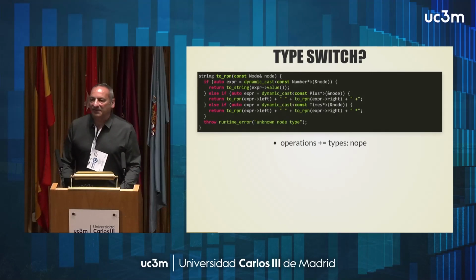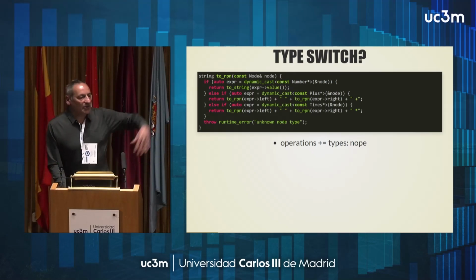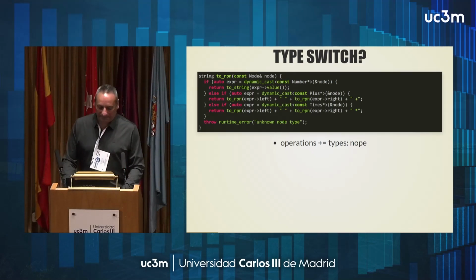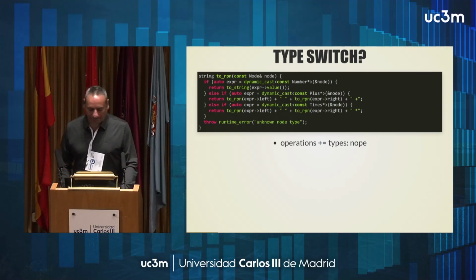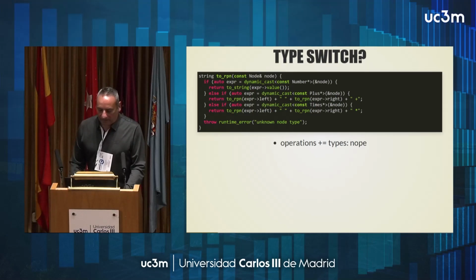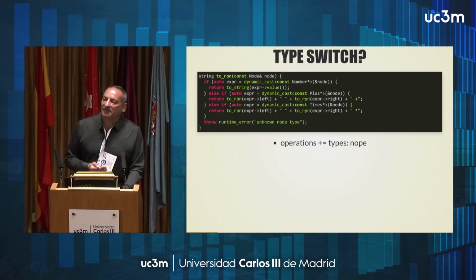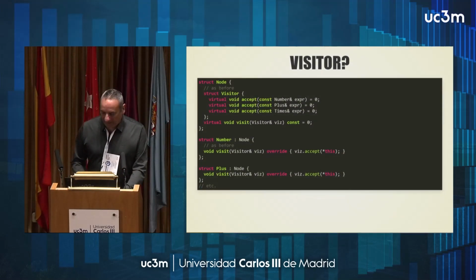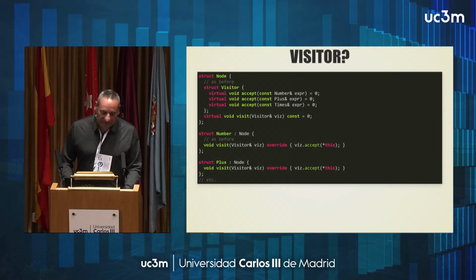What are the alternatives? We can implement a type switch, and we can try to dynamic cast the node to all the possible options, and throw an exception if no one matches. But it's a maintenance problem. Now, if we want to add new types, that has become difficult. We could implement a visitor, and there are many ways of implementing visitors.